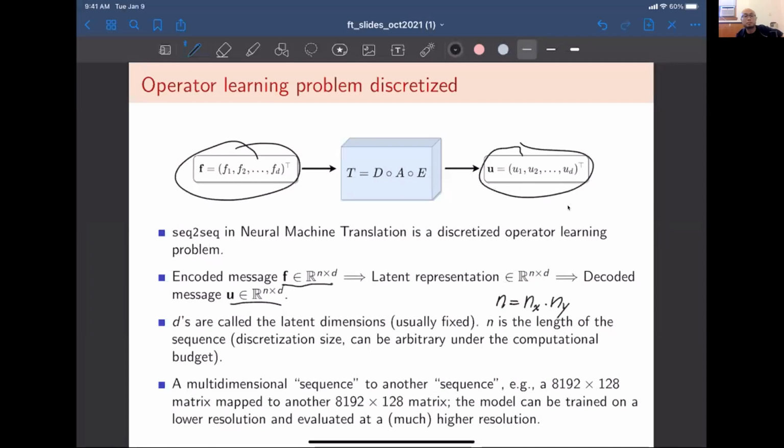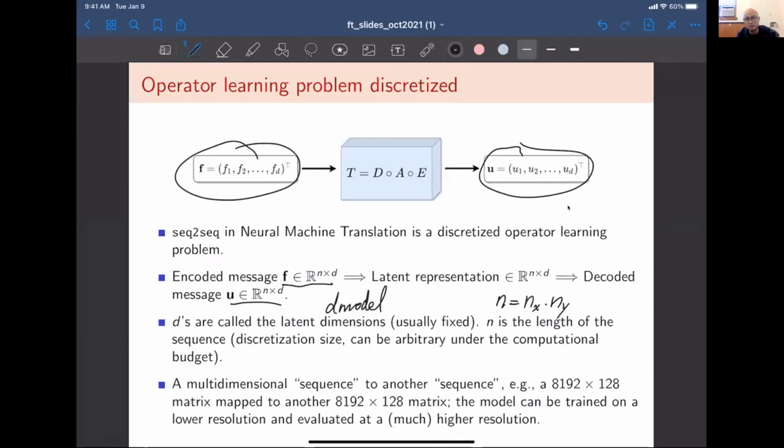And this D is called the latent dimension in the neural machine translation community, or sometimes they just use D model to represent this number. So this is normally fixed. For example, in classical transformers, this is 512.